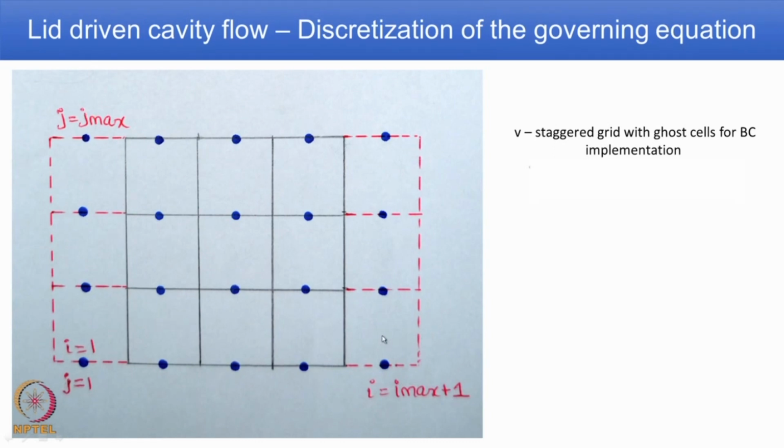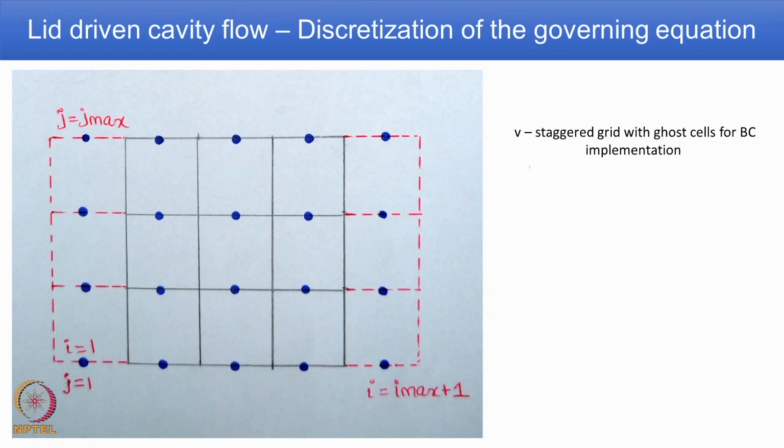Similarly, for the other direction, because V is in a staggered grid arrangement, they are all stored along the horizontal line and are shown in this picture with a full circle. These are all for storing V velocity. So, this is the V staggered grid with the ghost cell for boundary condition implementation.